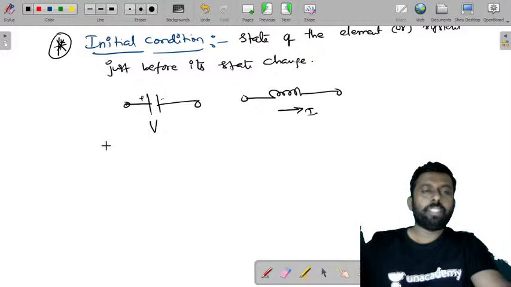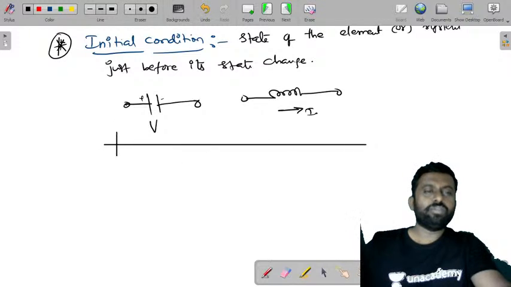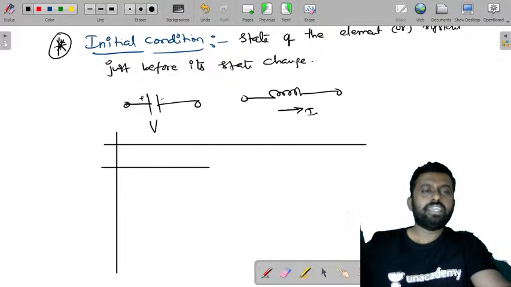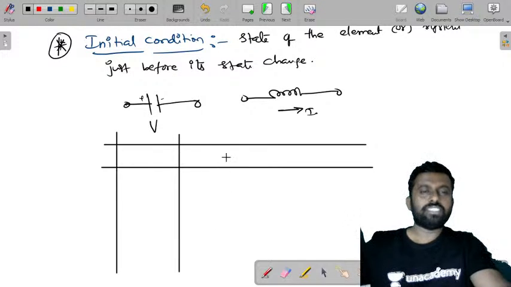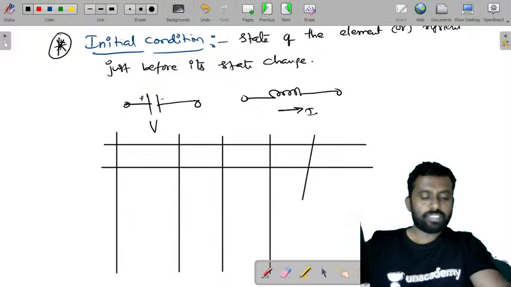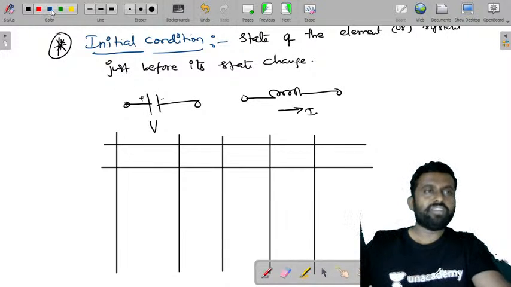So let us say we take a table, I'll just draw it as a table so that it will be easy for you. The first column will represent the element, the second column is t equal to 0 minus, the third column is t equal to 0 plus, and the fourth column is t greater than 0 or t equal to infinity.